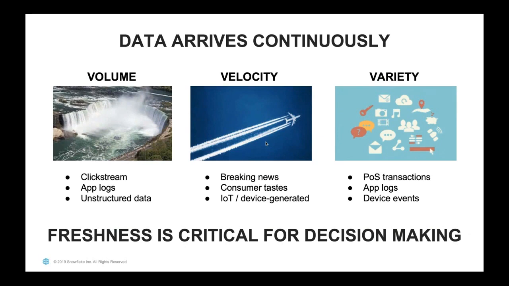But the freshness and the accuracy of data has never been so critical up till today. It is absolutely important for decision making to be accurate, that the data needs to be fresh, it needs to be timely, it needs to be delivered in an easily consumable manner from a data platform.